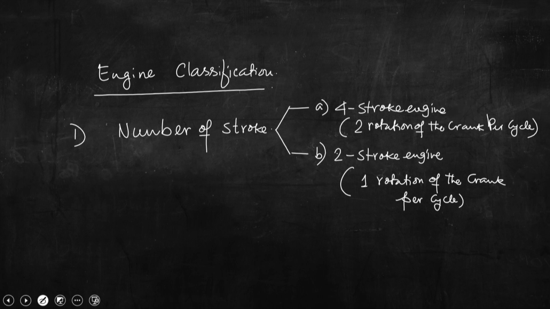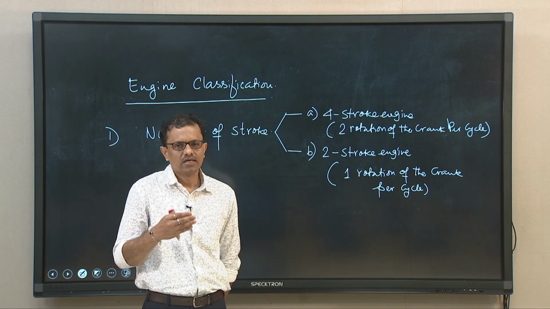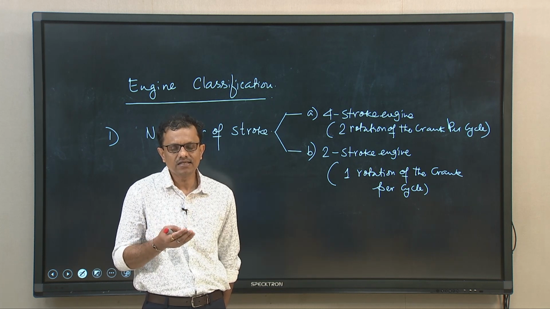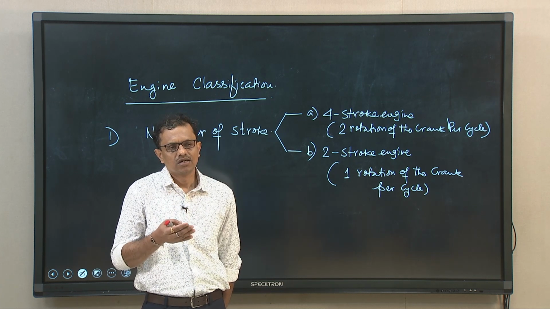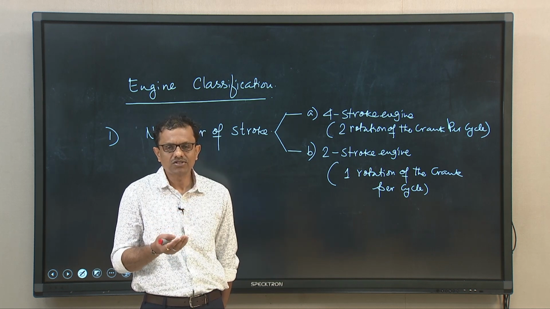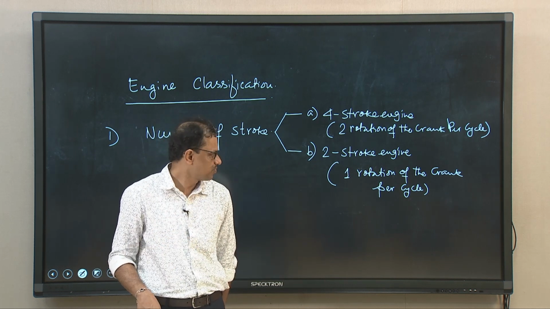I am not going to discuss in detail what crank rotation is. In a 4-stroke engine we could classify 4 distinct strokes: intake, then compression, then the power stroke, and finally exhaust.